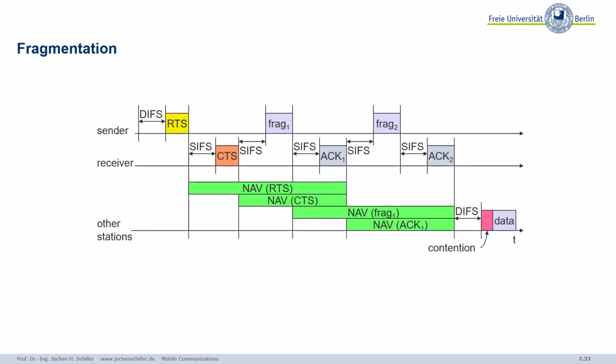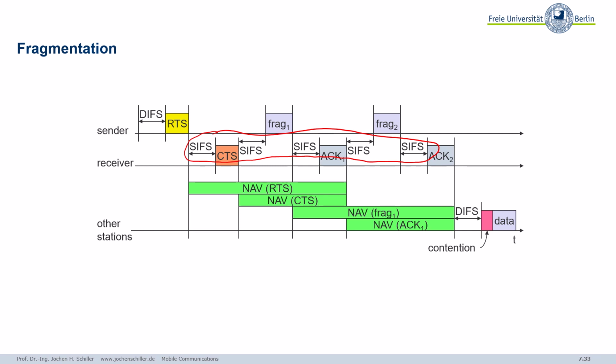.11 knows also fragmentation. So fragmentation means you can send several fragments of a larger packet. And to make this more efficient, the waiting times in between are only short interframe spaces. So it's basically a ping pong of fragment and acknowledgement.